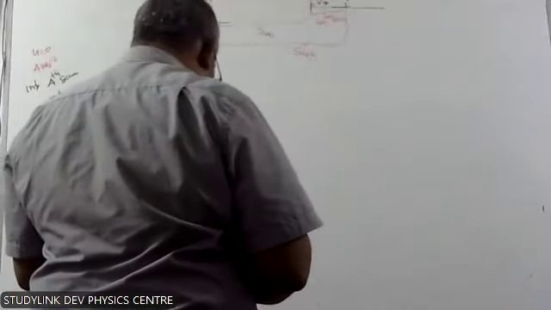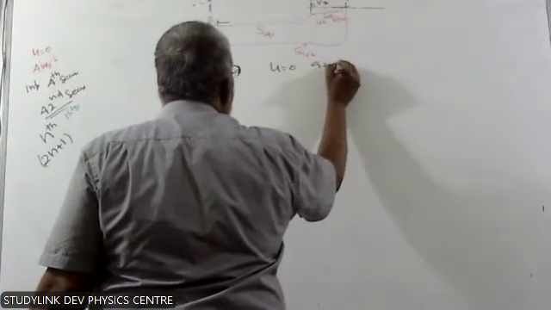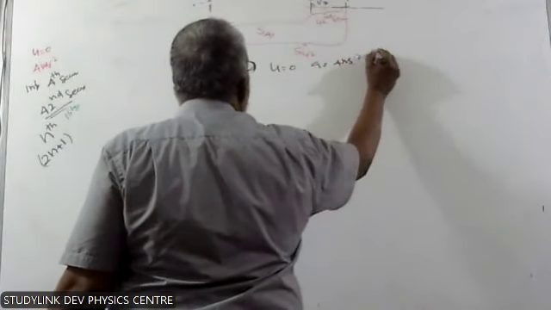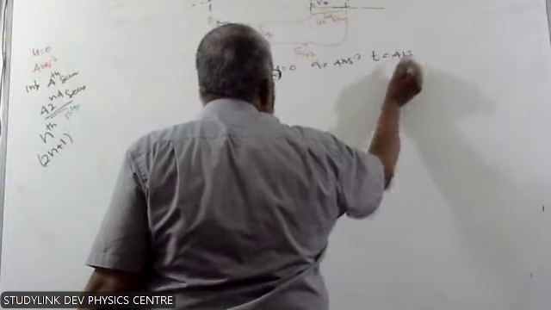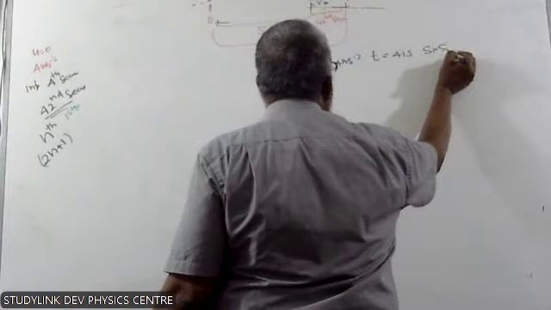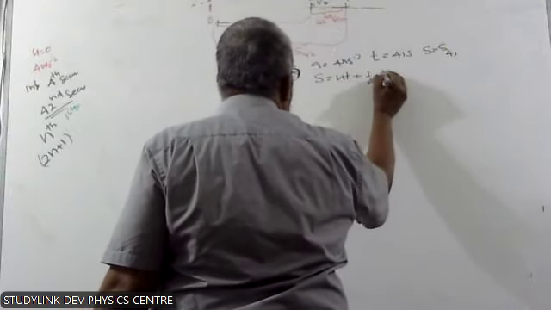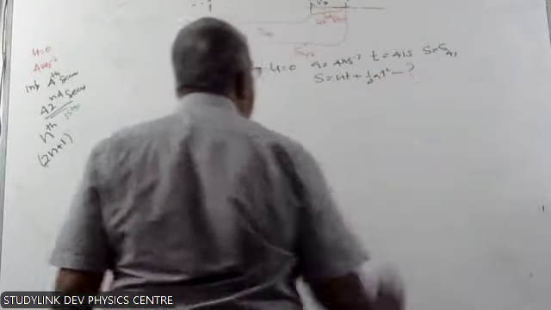Then you have to use again u is equal to 0, a is equal to 4 m/s², t is equal to 41 seconds, and find s, which is S41. s is equal to ut plus half at squared, and find the answer.